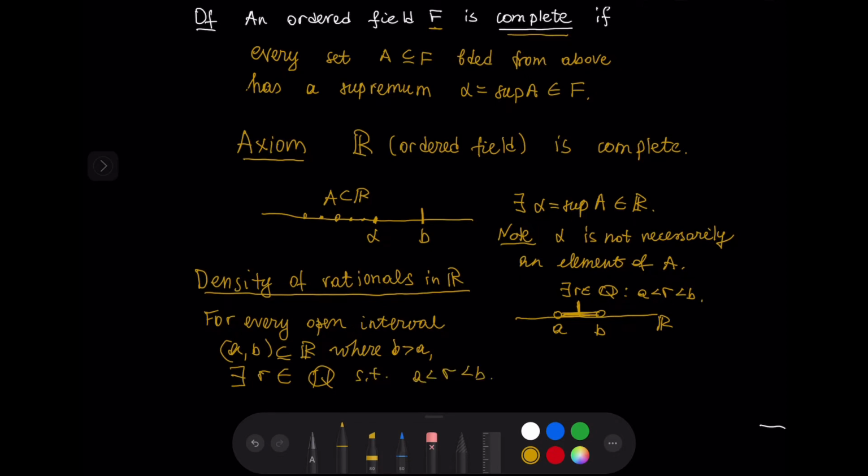It just basically says that there are a lot of rational numbers in R. So if I take any interval, no matter how small, there will always be a rational number in it.